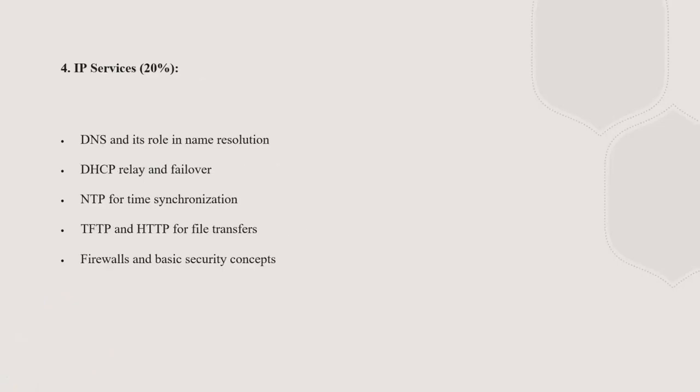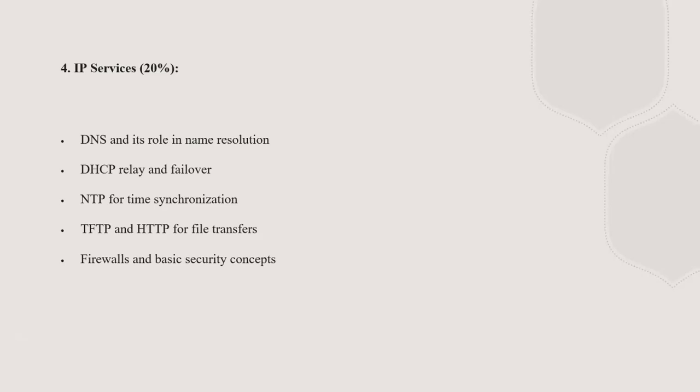Another important area, also 20% of the Cisco exam, is IP services, like what DNS is and what its role is. DNS means domain name system, and it translates domain names like www.yahoo.com or www.google.com into IP addresses. DHCP, dynamic host configuration protocol, and its failover, when it works and when it doesn't.